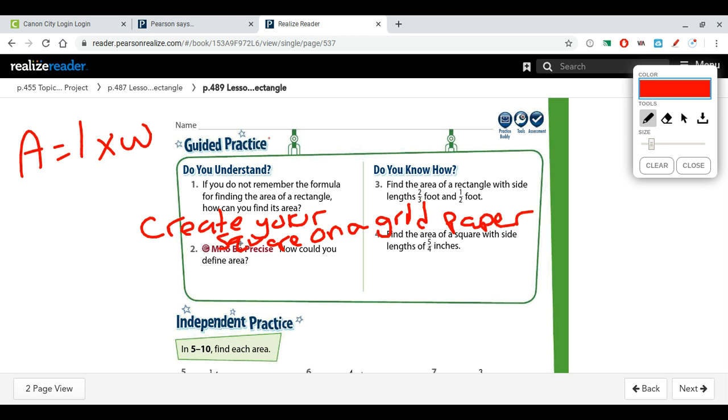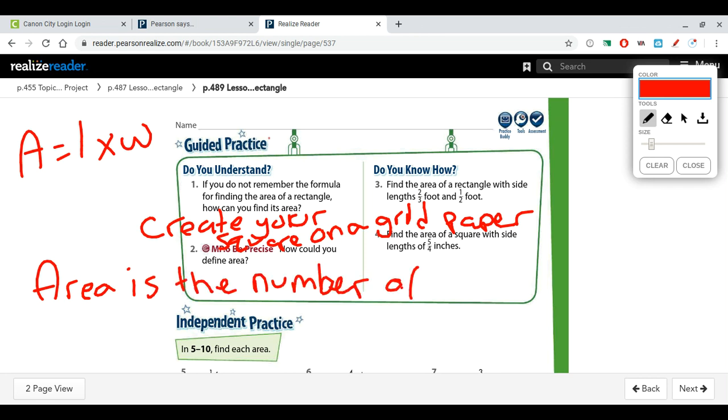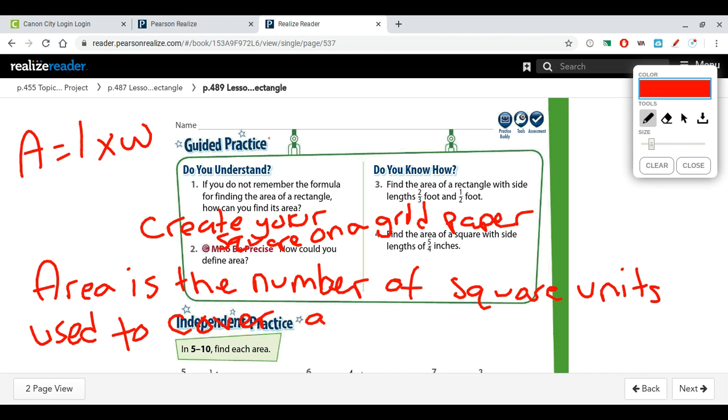Okay, so how could we define area? When we talk about the definition of area, area is going to be the number of square units used to cover a figure, whether it's a rectangle, a square, a pentagon, a triangle.